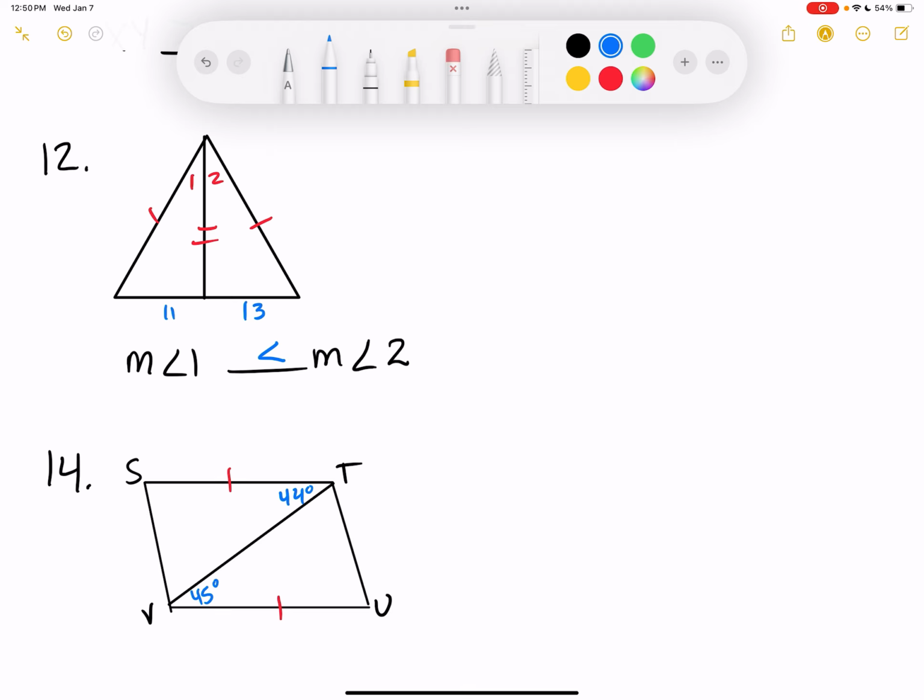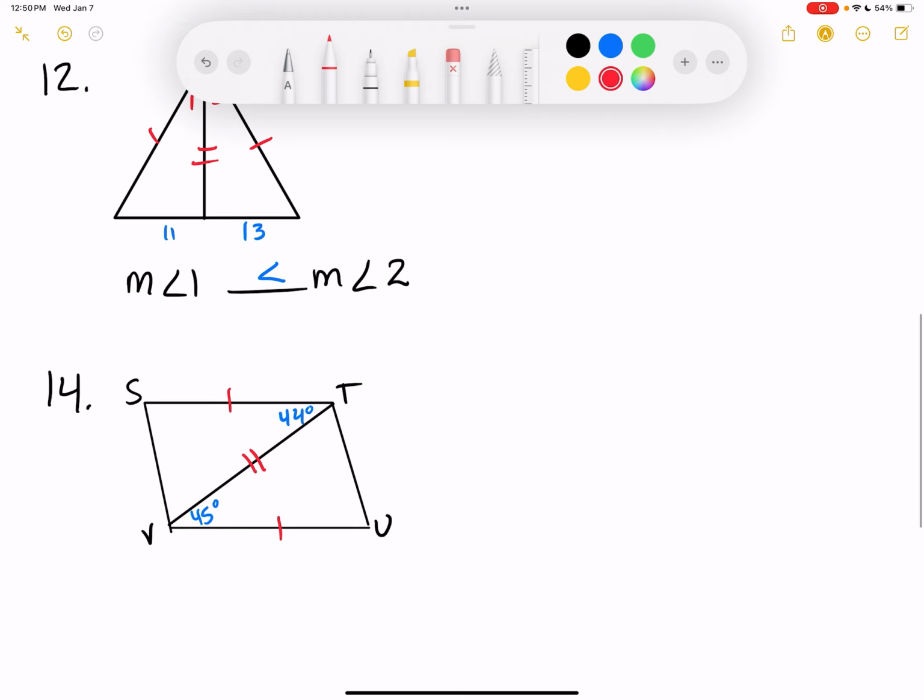They've given us the one side, so again, we can say that VT is congruent to VT. And so then the question is UT blank SV. So what's the connection between UT and SV? UT is greater than SV. Yep. Greater than, because 45 is bigger than 44.